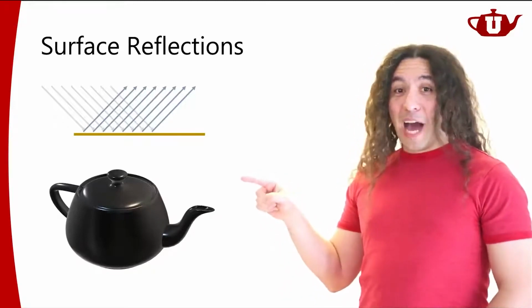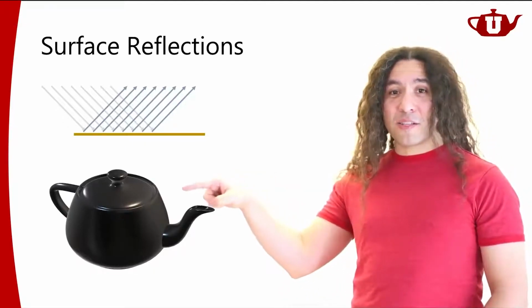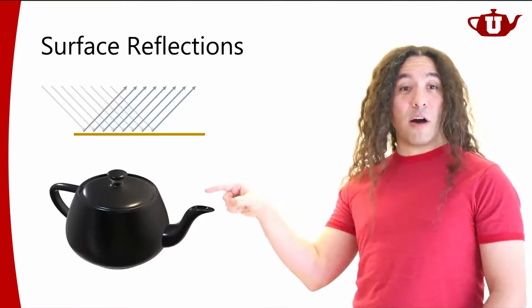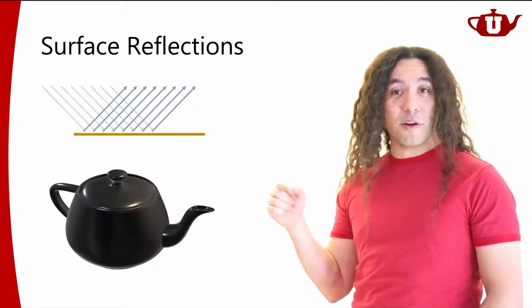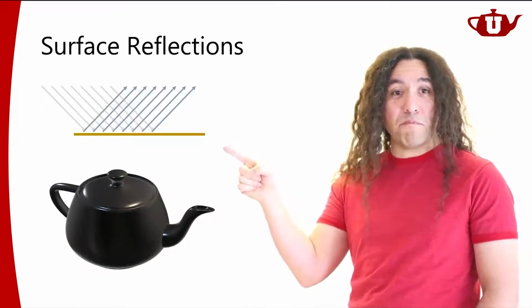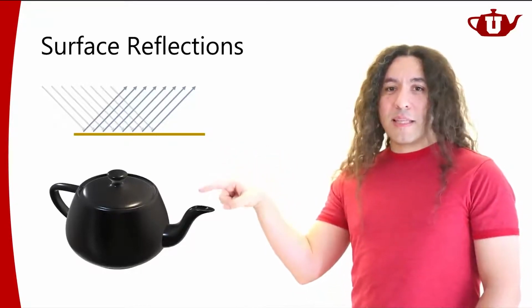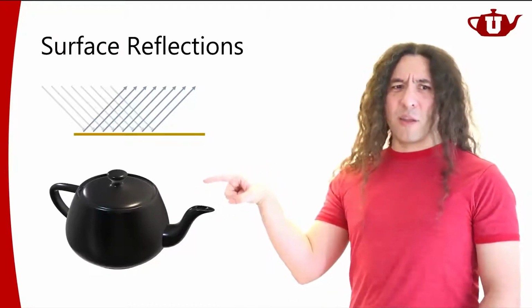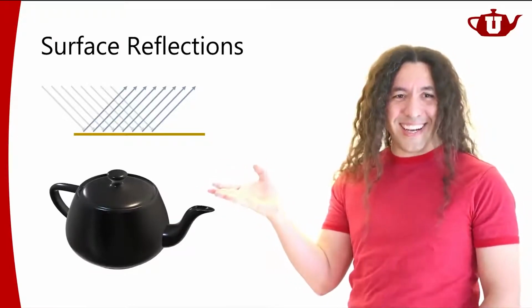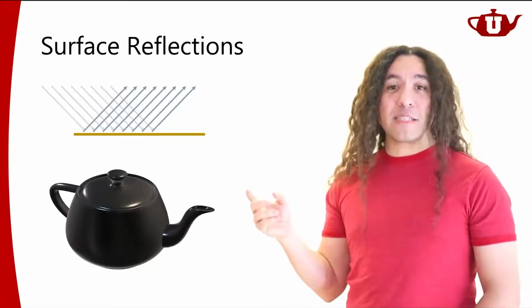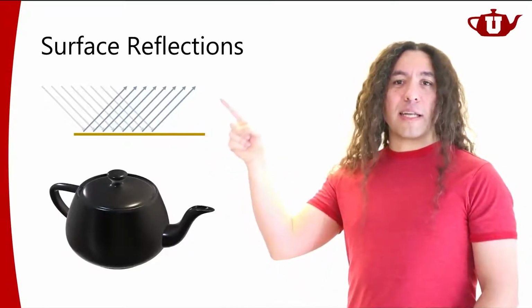Now, you see, I'm here on the surface of the teapot. I'm only seeing the reflections of the light sources that are hitting the surface, because this is almost like a mirror, and I'm not seeing anything else. Of course, this doesn't look quite like a mirror. It looks a little bit dark, as you can see. The reason is that not all of the light is being reflected.